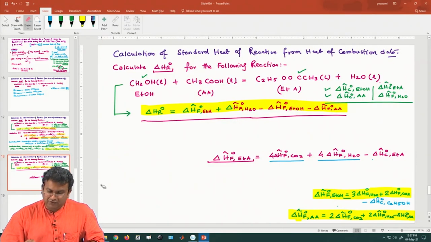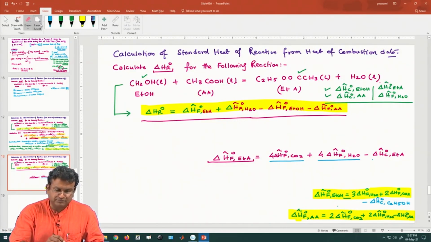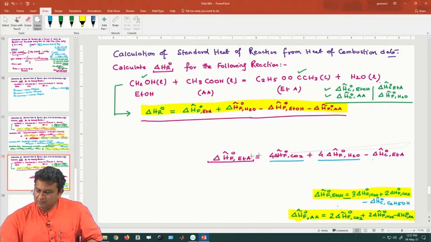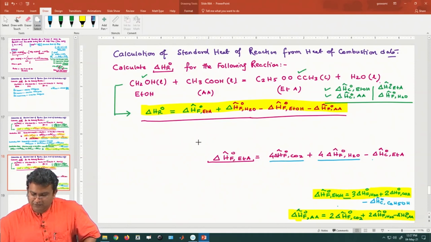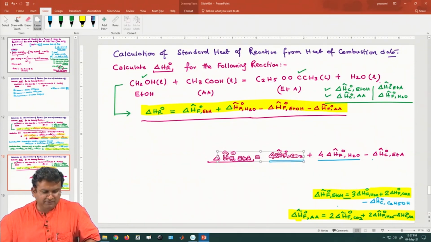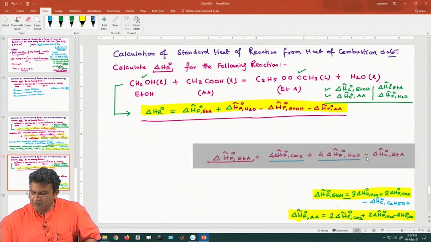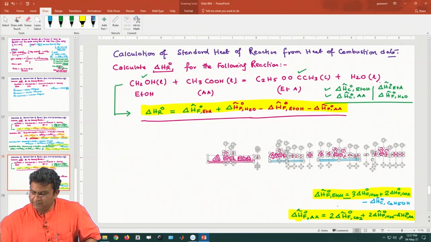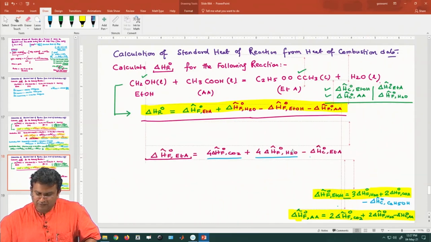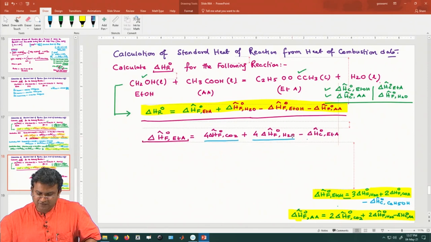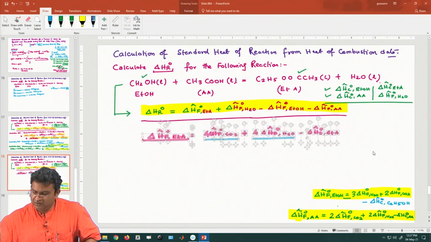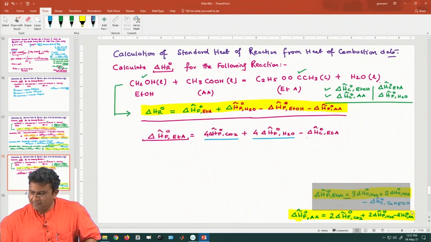Okay. So, sorry, what we have over here is this ethyl acetate.